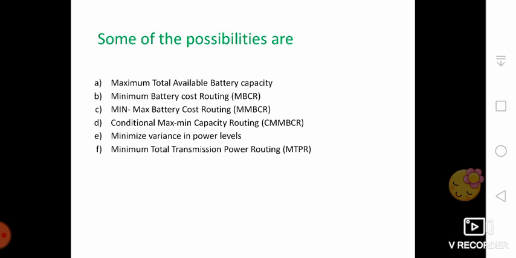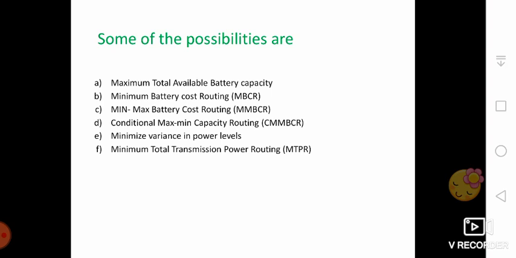Then the last one is minimum total transmission power routing. Without actually considering routing as such, look at the situation of several nodes transmitting directly to their destination, mutually causing interference with each other. A given transmission is successful if its SINR exceeds a given threshold.